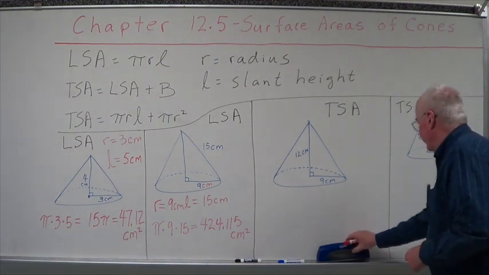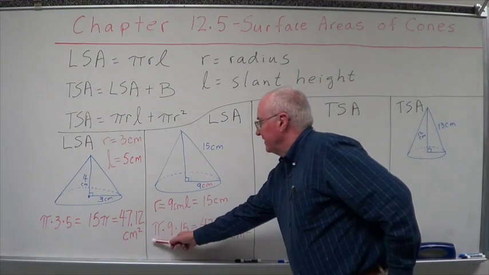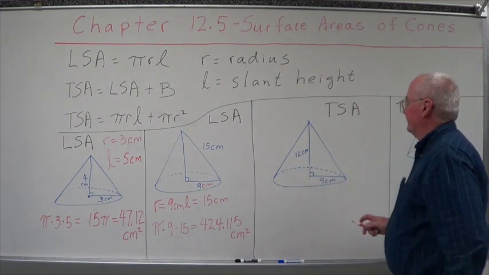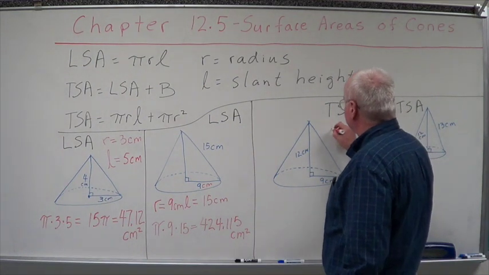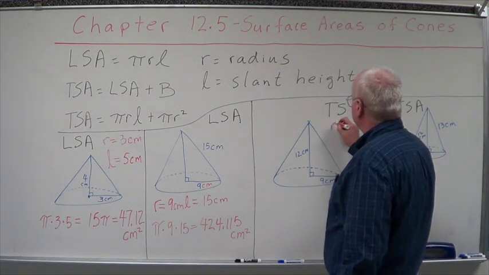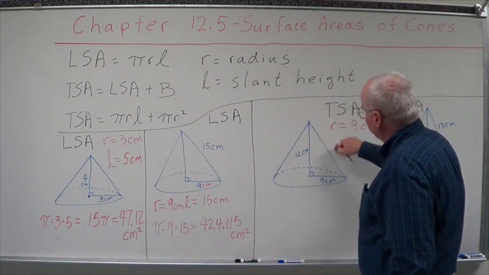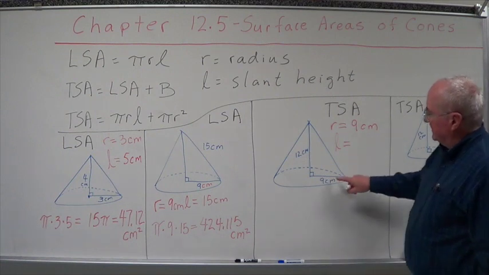Now let's go over here where we're going to calculate our total surface area. So what's the total surface area? It's simply our lateral surface area plus our base. Okay? So we just have to find out what the base is. In order to know this, we need to know what our radius is. Our radius here is simple. That's 9 centimeters. Now we need to know what our slant height is, our L. Well, let me see.